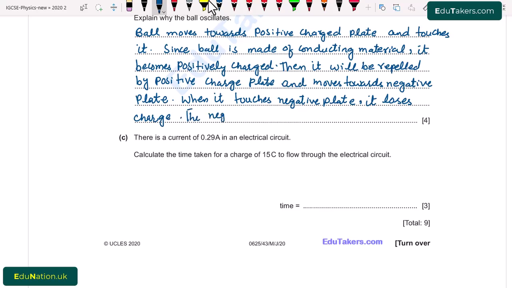The negative charged ball is attracted back to the positive plate and this process repeats.